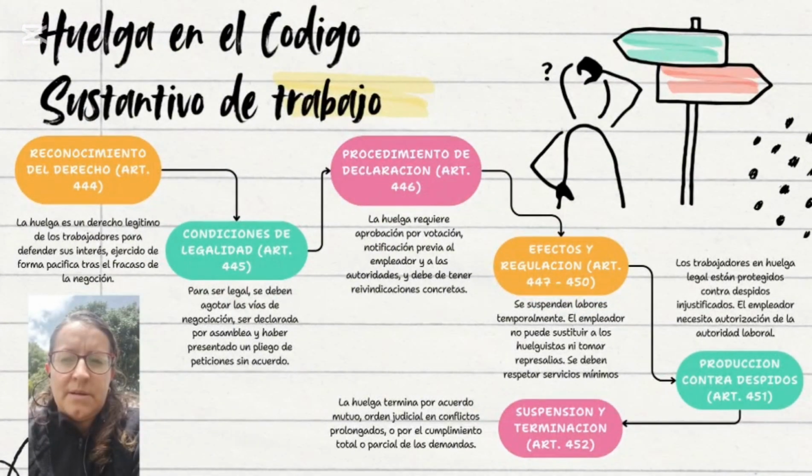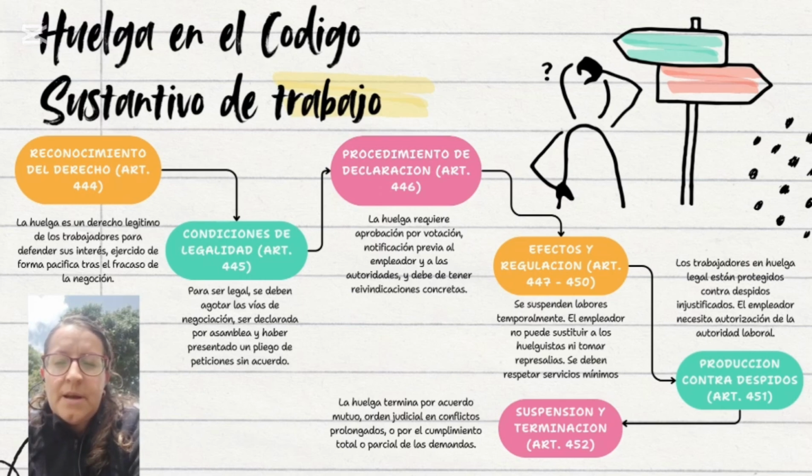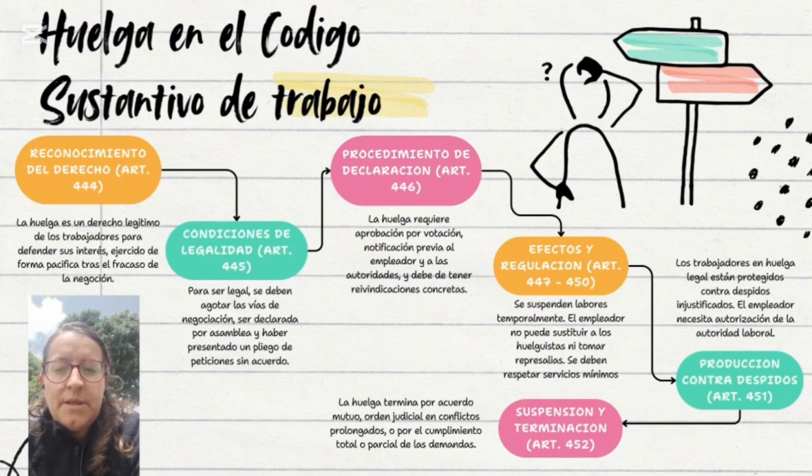Let's talk about the strike. It is a worker right to defend their interests and it must be exercised peacefully after having failed in a negotiation. After exhausting negotiation, the strike must be declared by the assembly and a list of petitions must be presented.